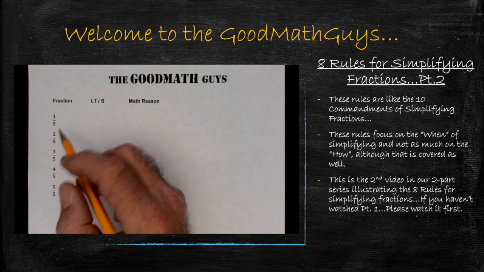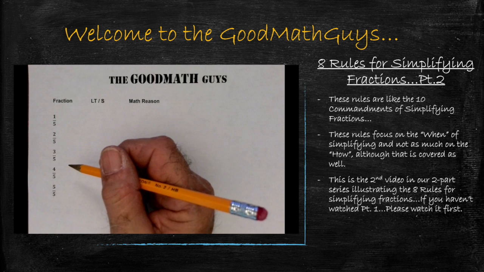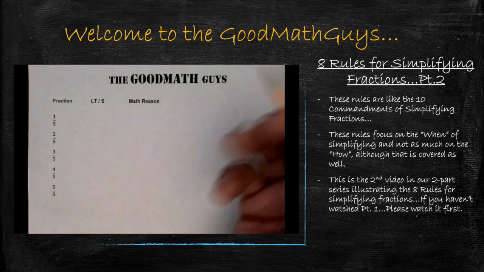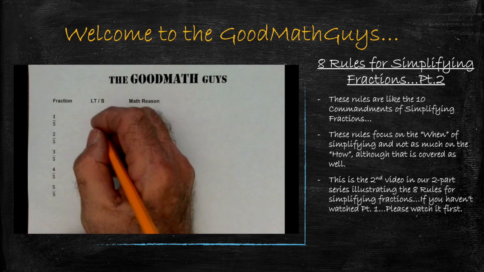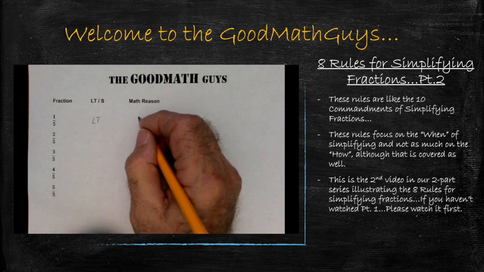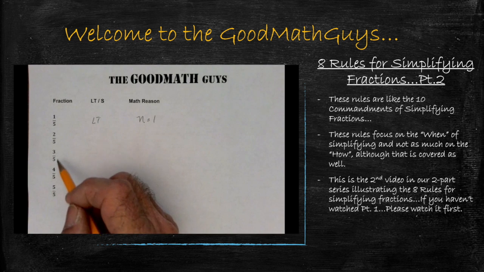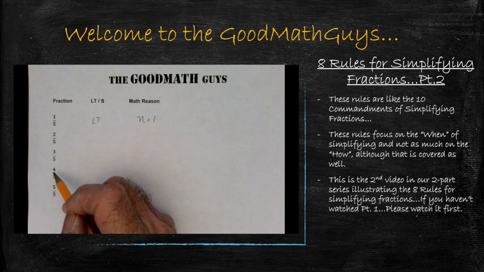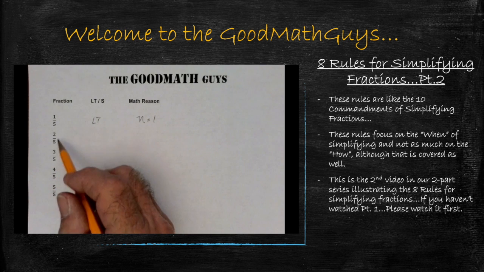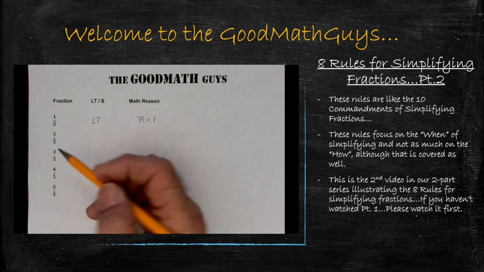1/5, 2/5, 3/5, 4/5, and 5/5. Let's start out with 1/5. We're going to say it's LT, and that's because N is equal to 1. But now for 2/5, 3/5, and 4/5, if you were to factor each one of these, you'd see that the GCF was equal to 1.